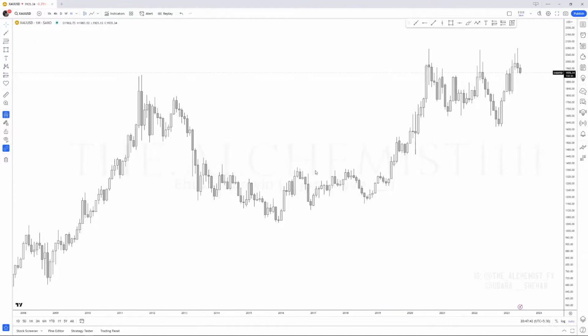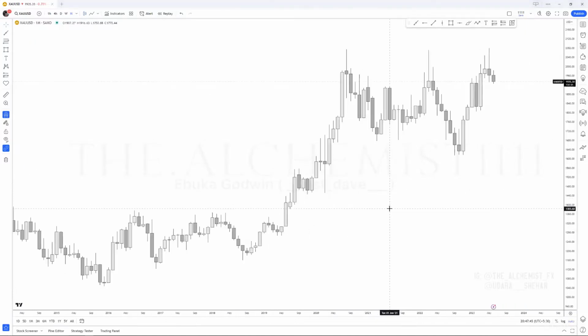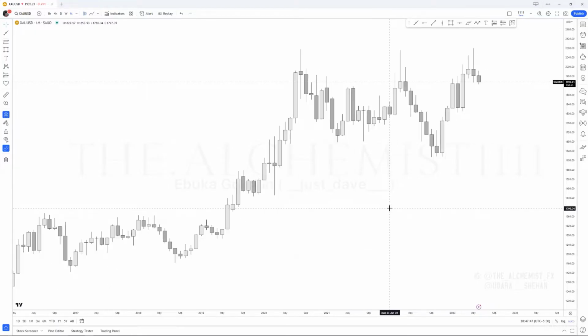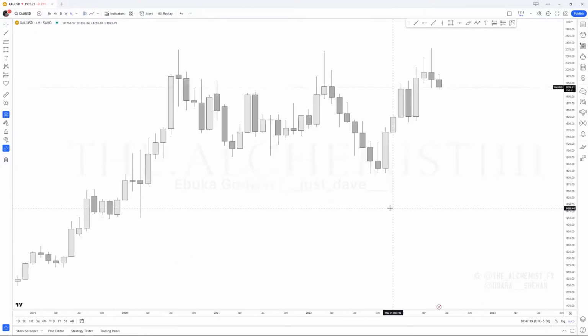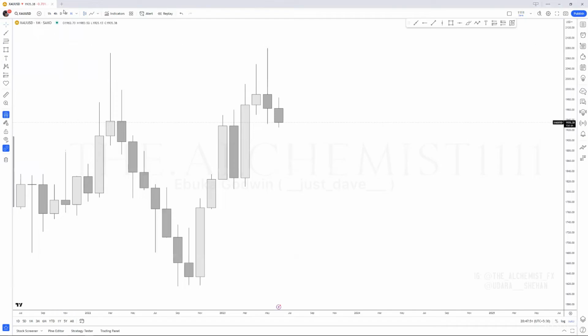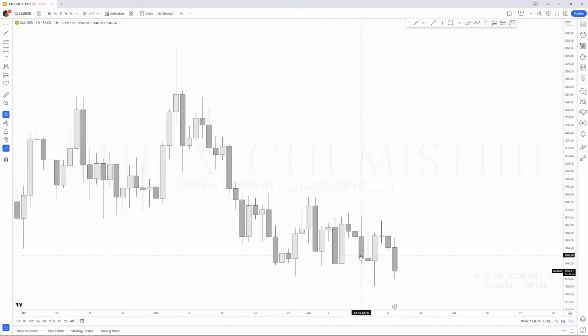Can I say something before? Maybe I asked a question about the recent price action. Go back to this particular level here. Price has rejected that particular point 3 times.